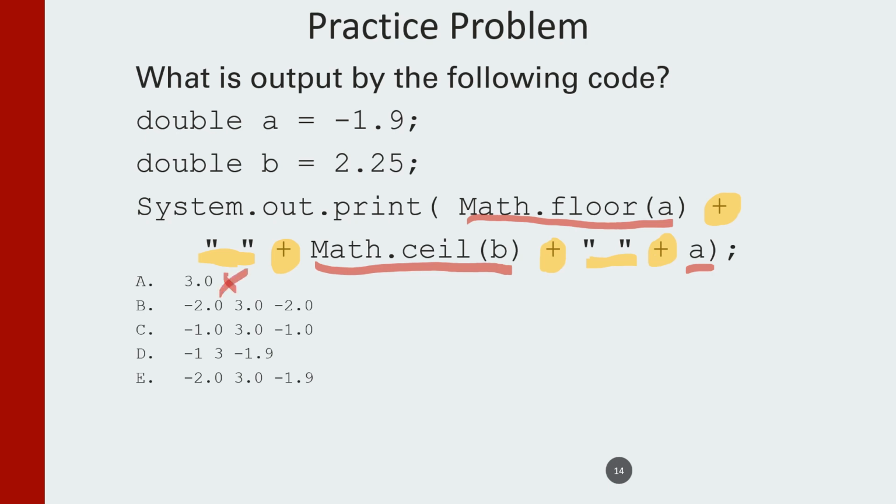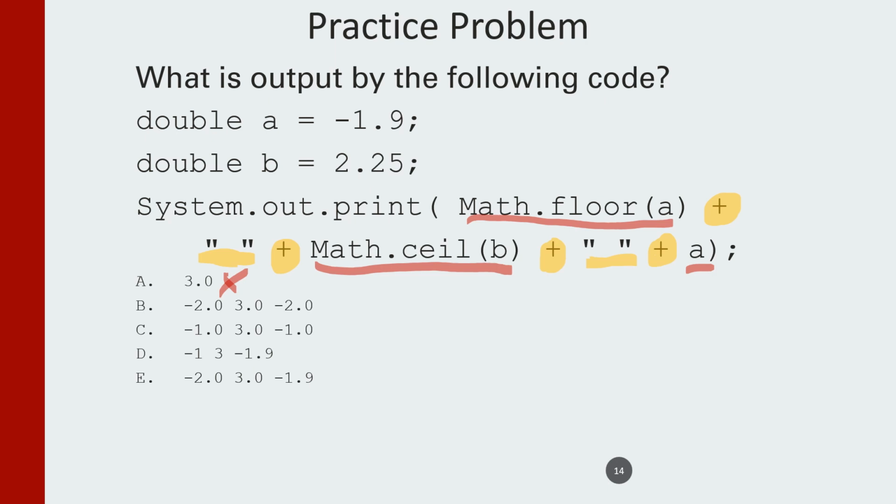So the answer A is actually out because it just adds the numbers together. But it looks like all of the other ones print out 3 different numbers, so they're still okay to possibly be the answer. Continuing on, I think the easiest thing on here is to just look at the very last thing in the string, which doesn't have any math operation associated to it.